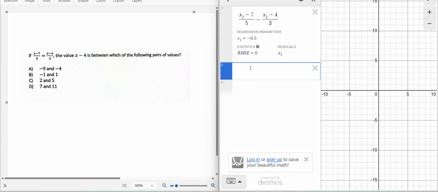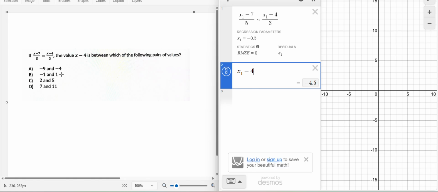Now we'll subtract 4 from x1, x1 minus 4, and as you can see we got the value of x minus 4 as minus 4.5, and this minus 4.5 lies between which pair? As you can see, minus 9 and minus 4.